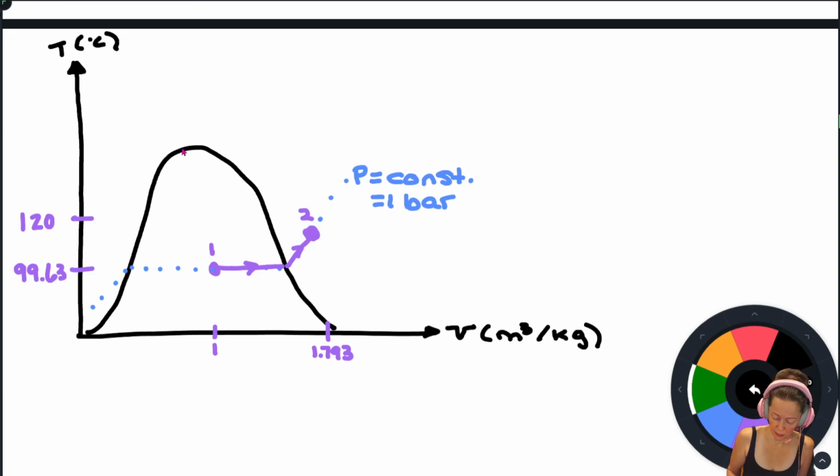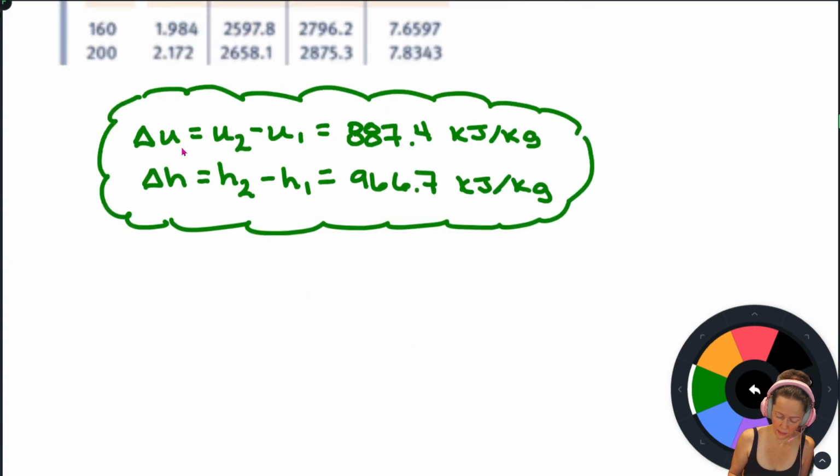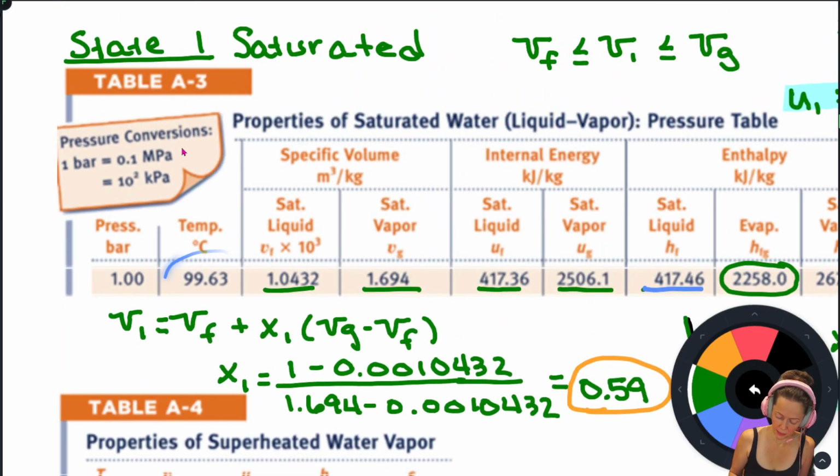Remember, our pressure was constant, so I drew a line of constant pressure such that it passed through state 1 and state 2, and that's how I was able to gauge where state 2 was in relationship to state 1. I've labeled the specific volume. I've labeled here's T2. T1, remember, is 99.63, because we're saturated at 1 bar, and 99.63 is the saturation temperature at 1 bar.